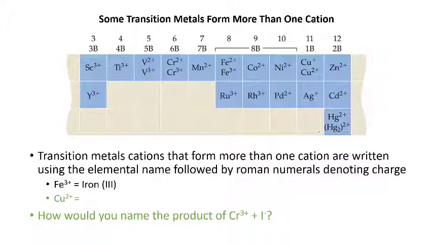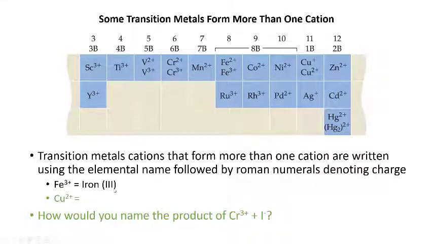So transition metals that form more than one cation are written using the elemental name followed by Roman numerals denoting their charge. For example, iron, when it turns into a 3+ ion, is called iron(III). In that parenthesis, it's a Roman numeral.